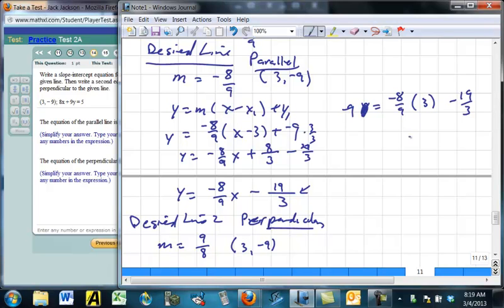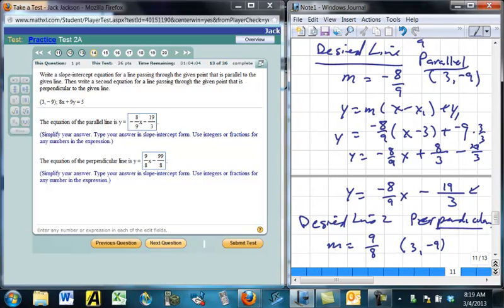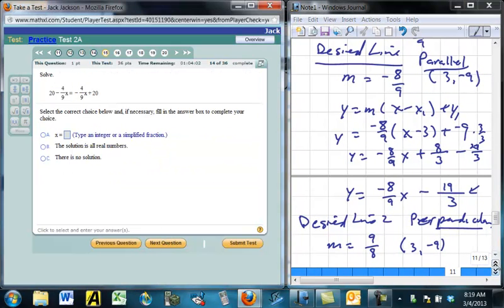The 3 cancels down to a third, and we got a -8 on top. So that's -27 thirds, which sure enough is -9. So this does go through that point, this does go through that point, and it looks like the slopes are what we need. So I think we can feel confident about that. Let's go on.